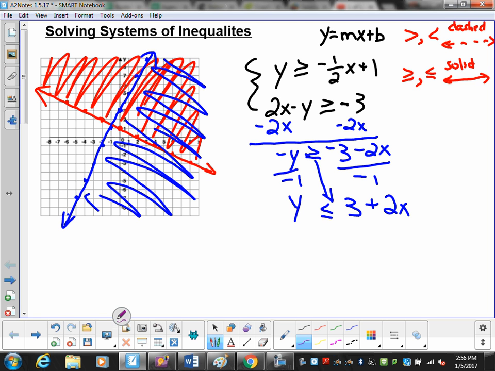Okay, so now, when you have a system of inequalities, your solution is what they have graphed in common, what they shaded in common. So this line here is included in both. This line here is included in both. And then everything out here is included in both.